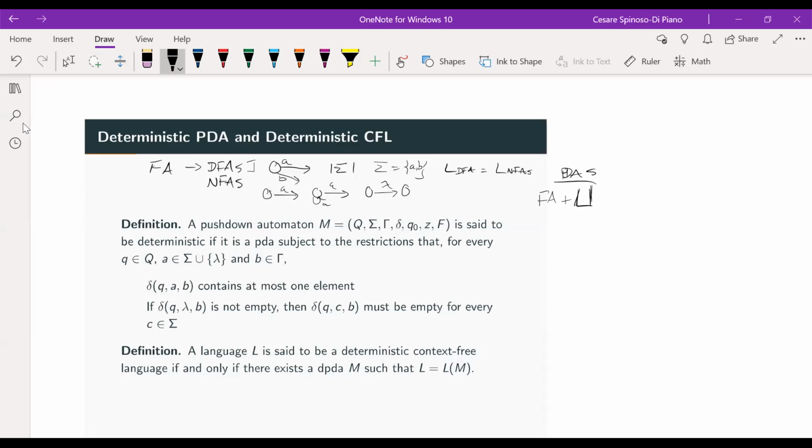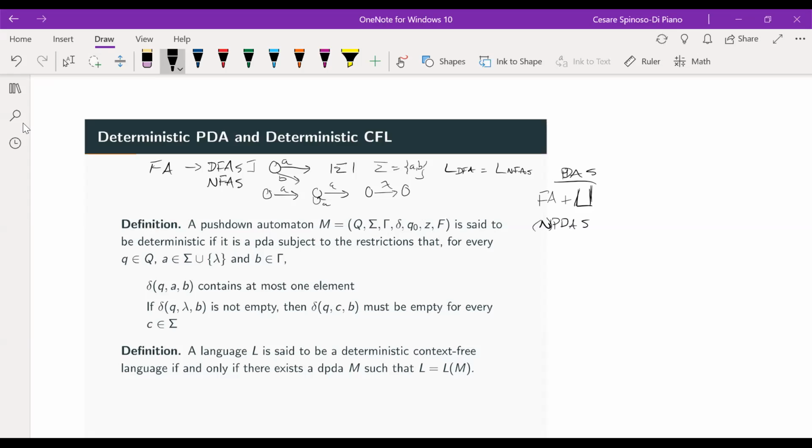So you just add some memory to your machine, and that, as you saw, allows you to accept more languages than you can with FAs, okay? And so far, what we've considered are NPDAs, right? I've been saying they're PDAs, but actually they're NPDAs.